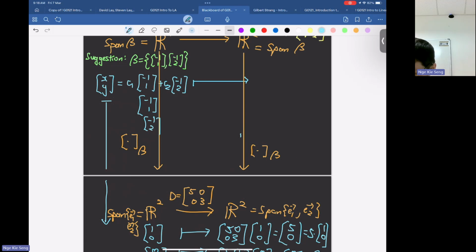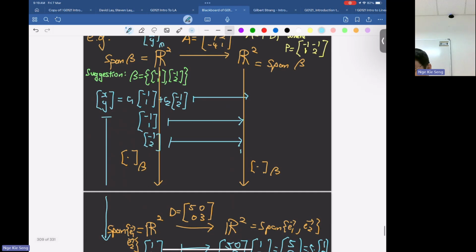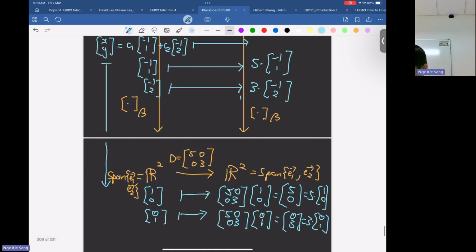After being sent by A, we know that these are the eigenvectors, so they will get sent to 5 times (-1, 1) for the first, and 3 times (-1, 2) for the second. Then how do we go forward here?